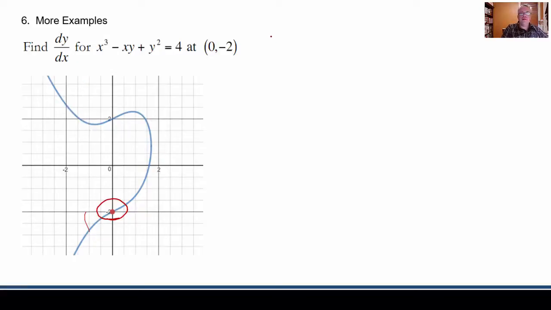The derivative of the first term is 3x squared minus, okay, I need the derivative of xy. We've done that already a couple times. We found out that is y plus xy prime. So that's the derivative of xy.